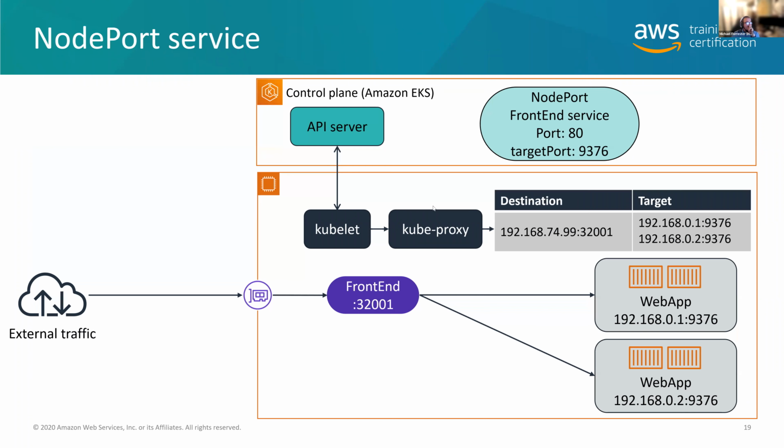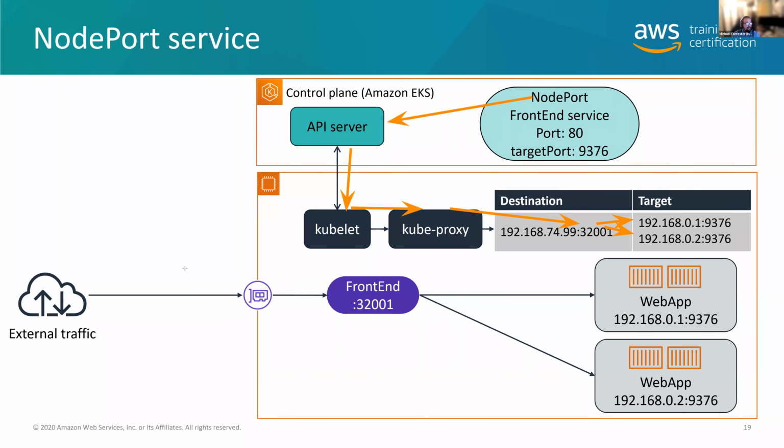Note also the node port service, which is the next layer up from cluster IP. Here we've got external traffic hitting port 32,001, so they're hitting this front end. When the node port service is created, the same thing happens: someone talks to the API server, which talks to the kubelet on all the boxes, which talks to kube proxy and says, if you're trying to get to this IP address, which happens to be the host IP address, and this port, then we're going to redirect you to these systems.